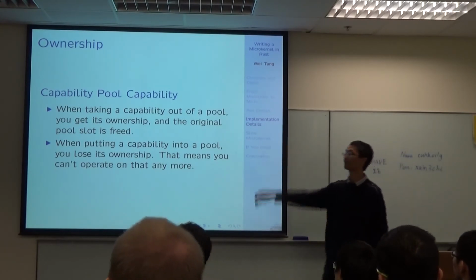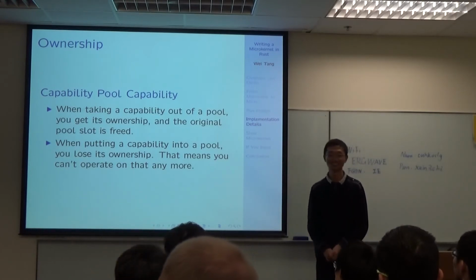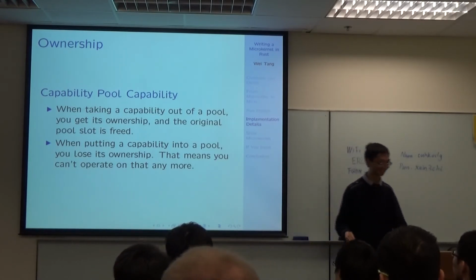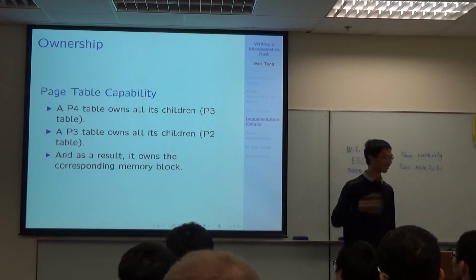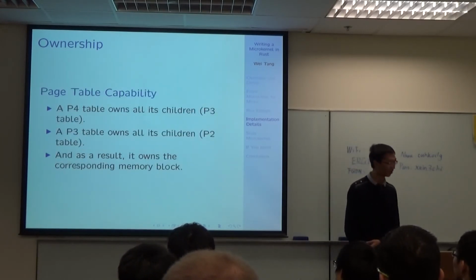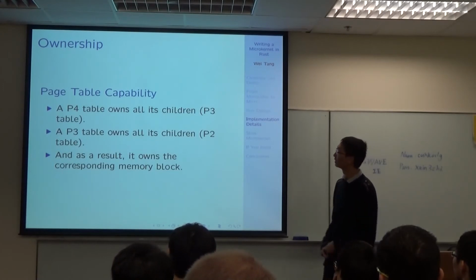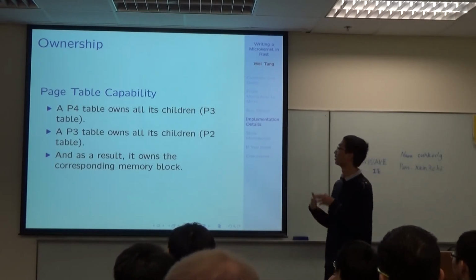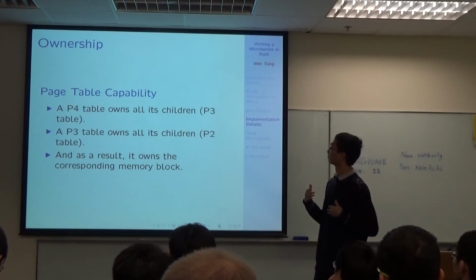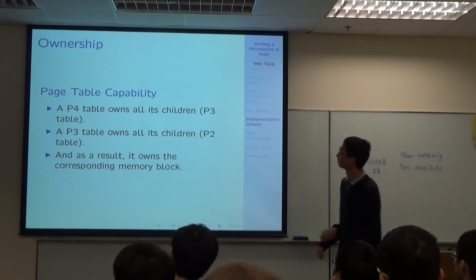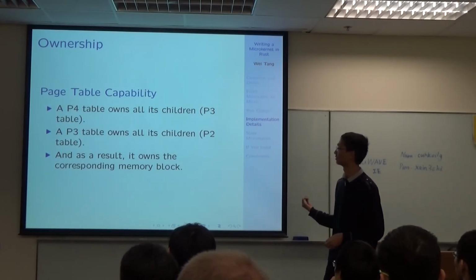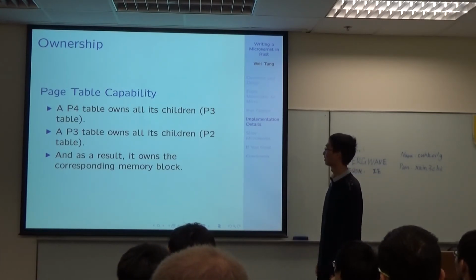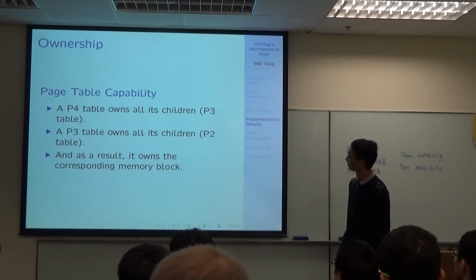The capability pool actually has a lot of raw pointers and things like that, which is a lot of headache. So for the page table capability, a page 4 table owns only its children, and a page 3 table owns only its children. That's basically how it works.